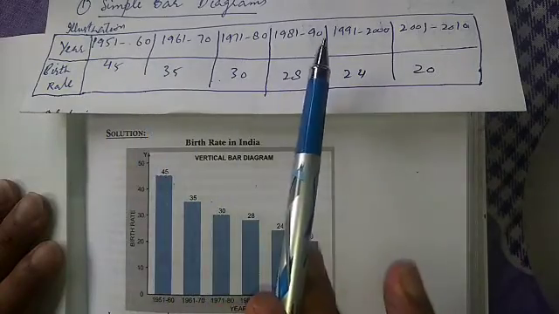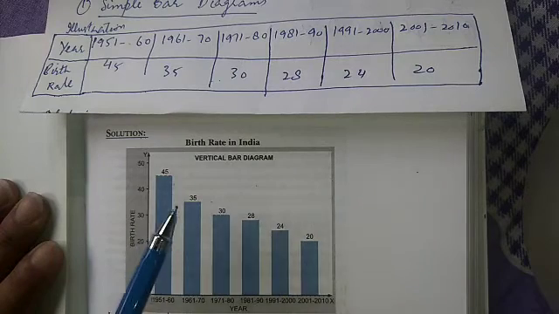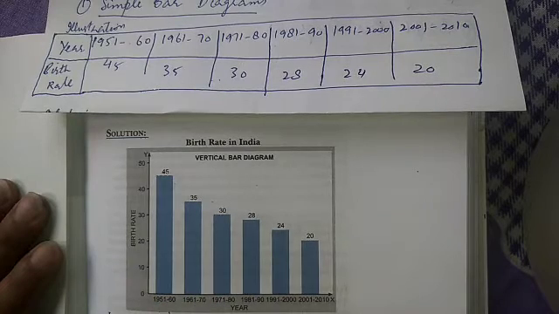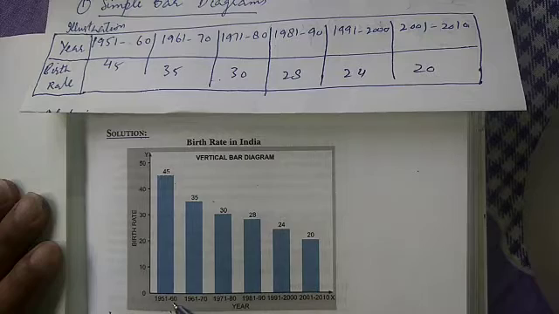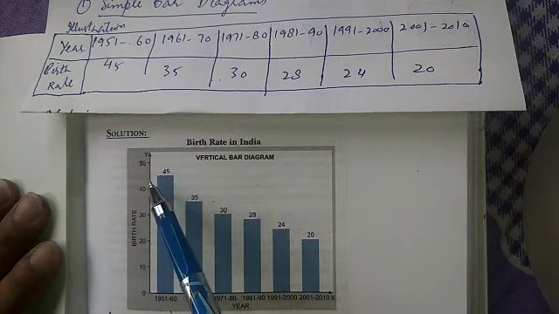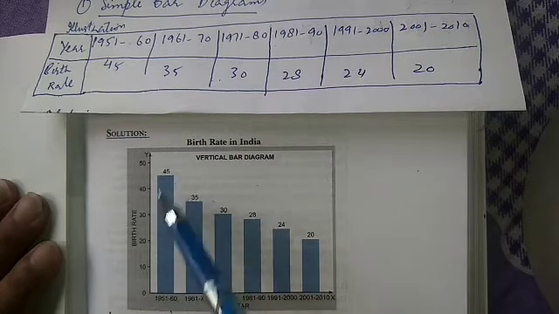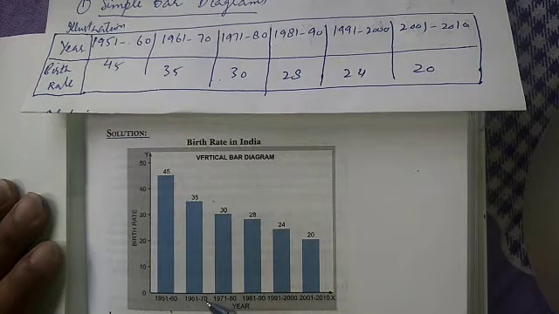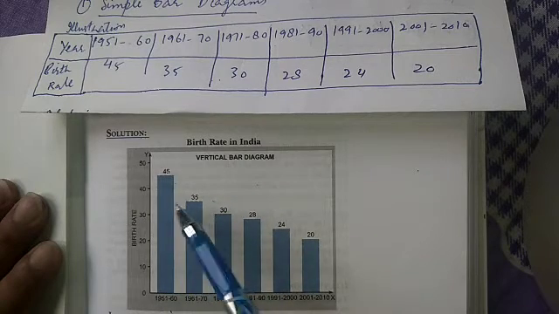Now we will see this with the help of a vertical bar diagram. You see, the y-axis shows birth rate, the x-axis shows year. In 1951 to 60, the birth rate is 45, shown with the help of the vertical bar diagram, and from 1961 to 70 it's shown 35.